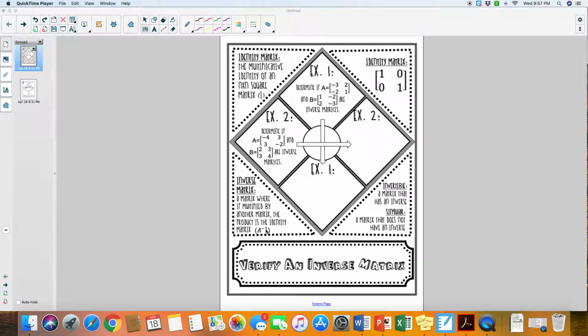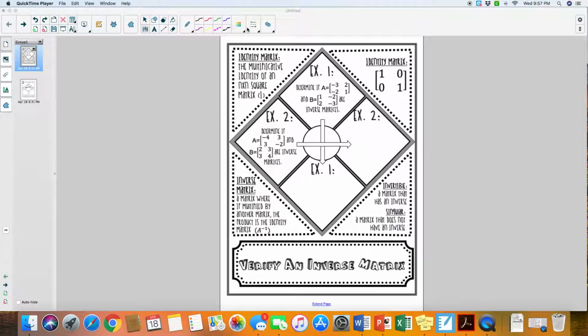So let's take a look at example 1. Example 1 says determine if matrix A, being -3, 2, -2, 1, and matrix B, which is 1, -2, 2, -3, are inverse matrices. If they are inverse matrices, that means A has to be an inverse of B, and B has to be an inverse of A. So what I want to do is check if I multiply the matrices AB, do I get the identity matrix?